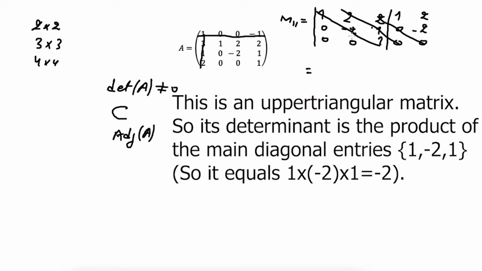So it will be 1 times minus 2 times 1, which is minus 2. These two will be 2 times 1 times 0, which is 0, and 2 times 0 is 0. So it will be minus 2. This minus the sum of the products of the other elements, all of which will be 0 because we have 0 here, here and here. So it equals minus 2.